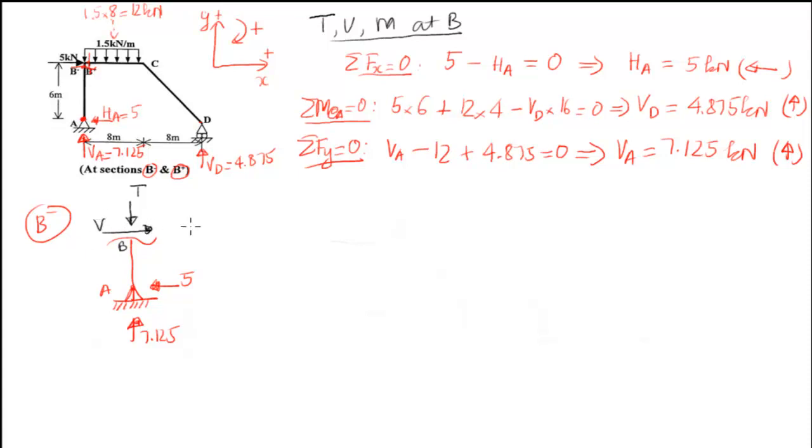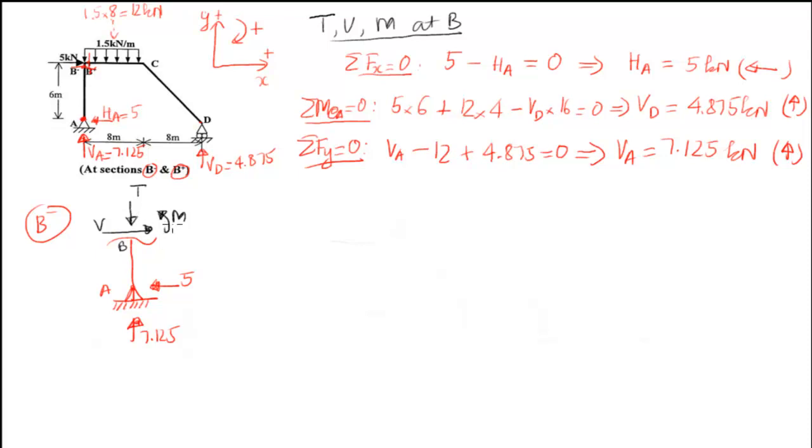So this is V, and moment you can go this way. Now I have to tell you that you can choose your own directions for TVM. You can make T go up or down, V go to the left or right, doesn't matter, or moment go clockwise or anti-clockwise, doesn't matter, okay.